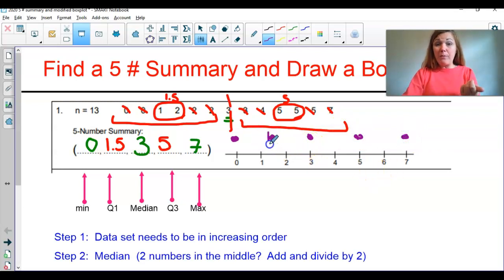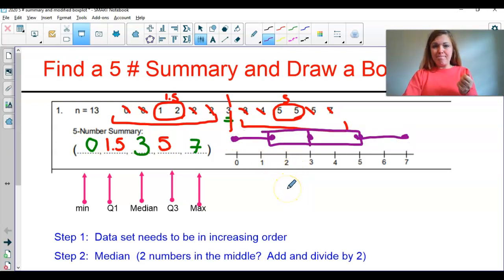I then want to put a rectangle around my quartiles with a line going through the center. And then I have my whiskers, like the box and whisker you've learned before, that go out to the min and to the max. You've made your box plot. You've made a box plot before. The only difference is now you're finding that 5-number summary.